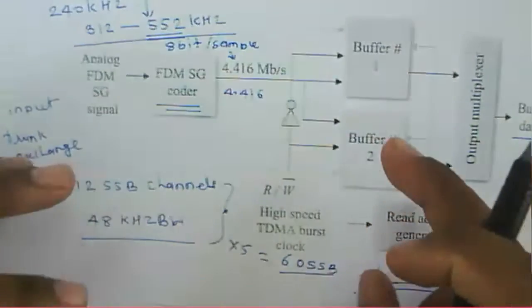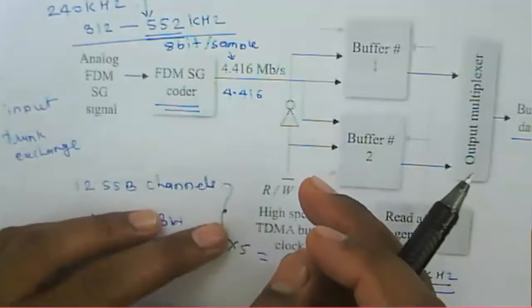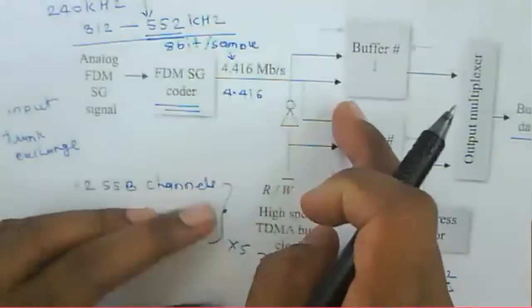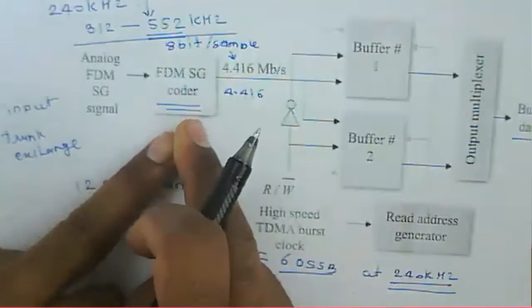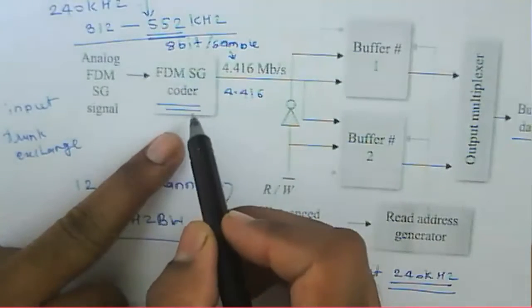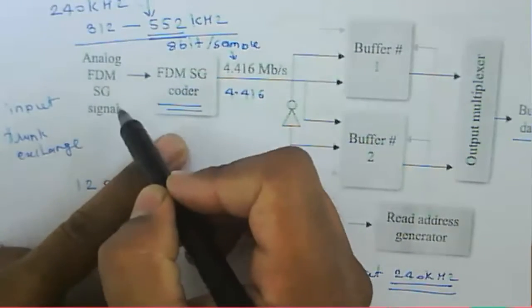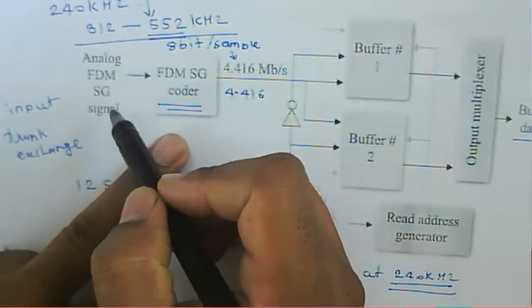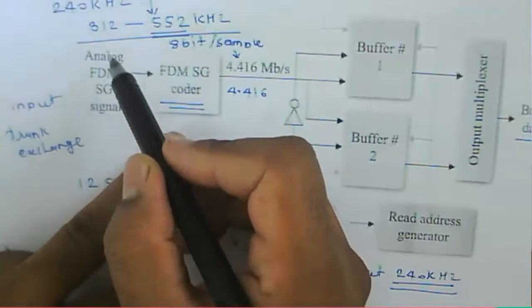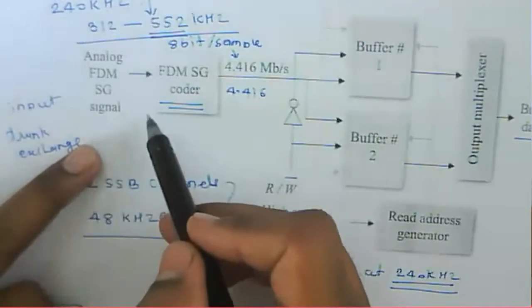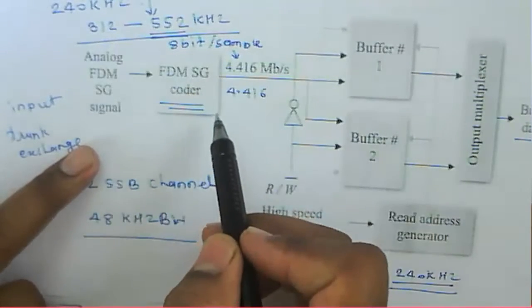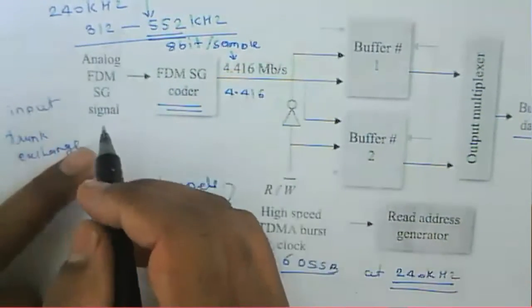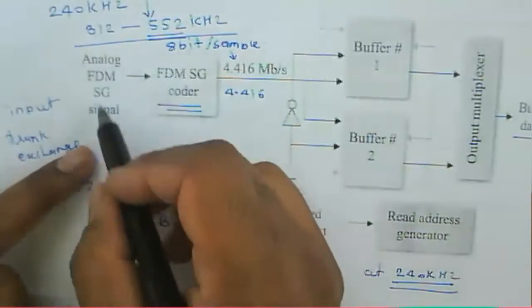That is a continuous process, and that will be the output to the FDM supergroup decoder, and then that will convert the data into analog data. Generally that data is in the form of digital, and that digital data will be converted into the analog supergroup signal.